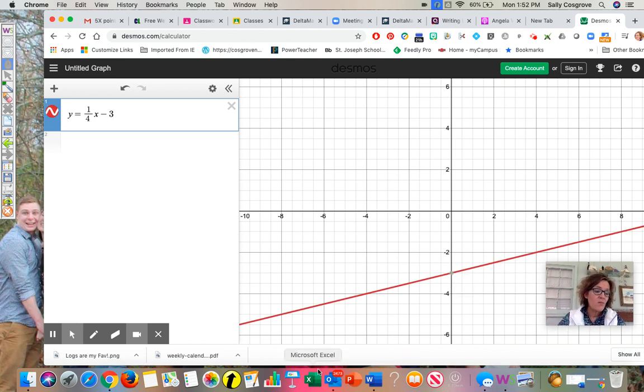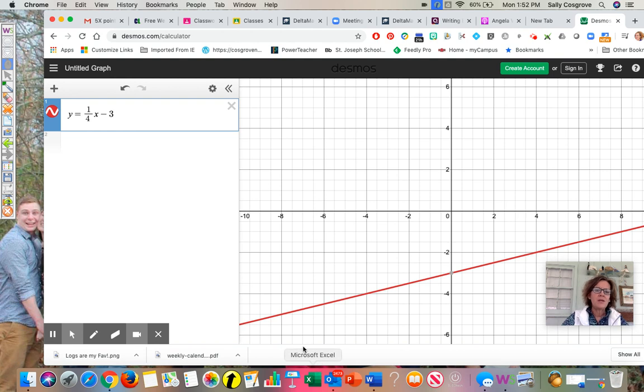Now what we want to determine is, does it go through the points (4, -2)? Well, let's look. If you come over here with your cursor to 4, it sure looks like it goes through (4, -2). How about, does it go through (-4, -4)? I think it does that too.